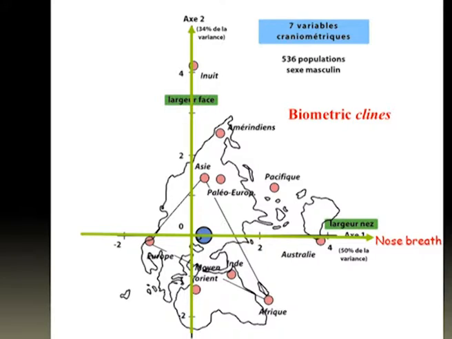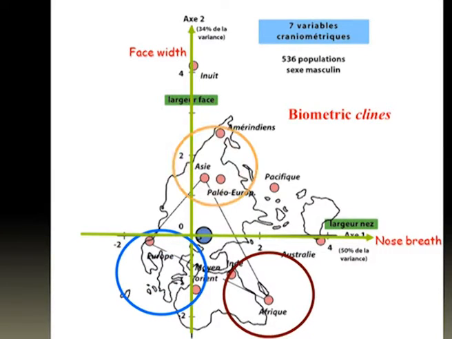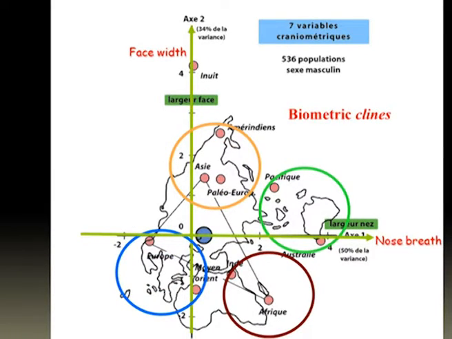On the perpendicular axis, you can see that it's the face width, this bizygomatic diameter, which increases from west to east. So we can identify clusters of populations, and with only 2 dimensions, it's already possible to imagine what the origin could be. And the more variables you add, the more precision you add to your analysis.